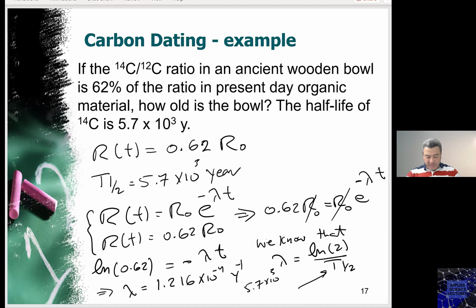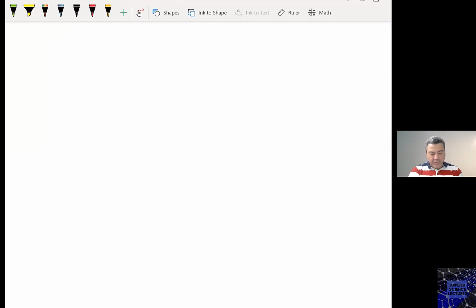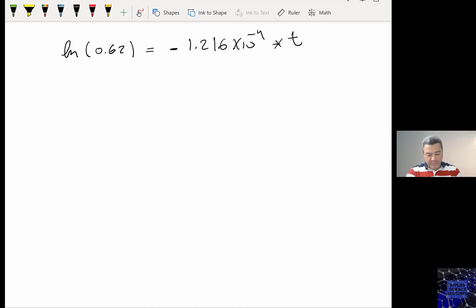Now let's take this equation to here. So we have natural logarithm of 0.62 equals minus 1.216 times 10 to the power minus 4 times t. Then this one is per year.